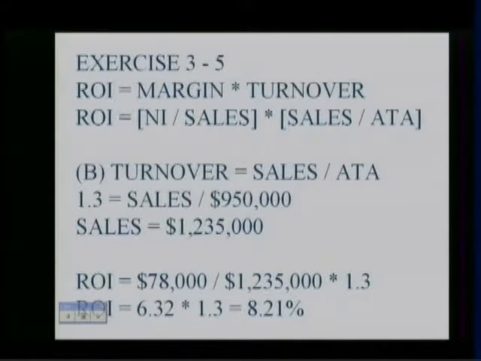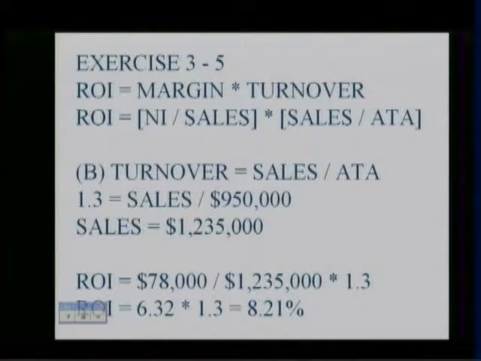In this case, we only have one of the 3 pieces in that top formula. We only have given to us turnover. So let's compute what we know about turnover. We know turnover is 1.3, and we know you calculate turnover by taking sales over average total assets. So let's set 1.3 equal to sales divided by the $950,000 they gave us for average total assets.